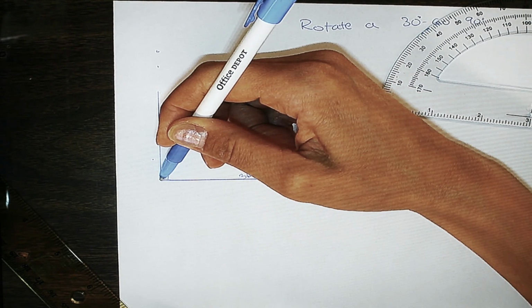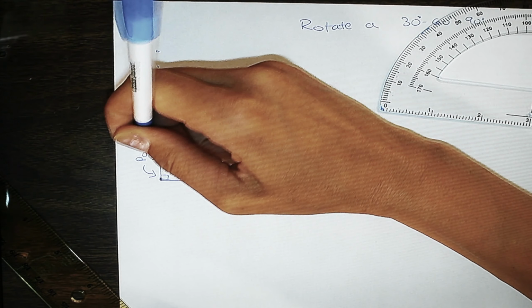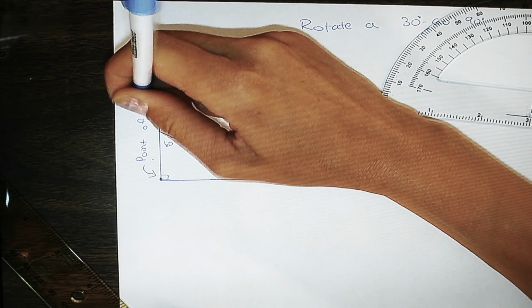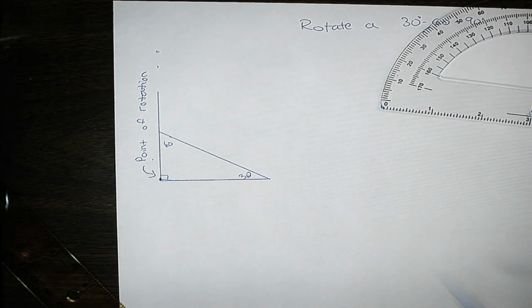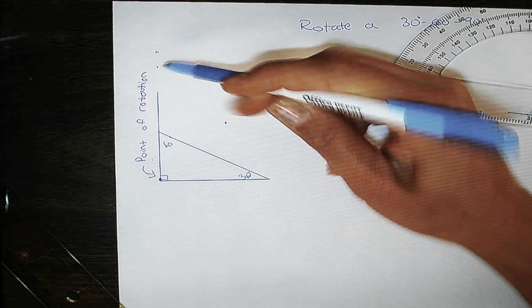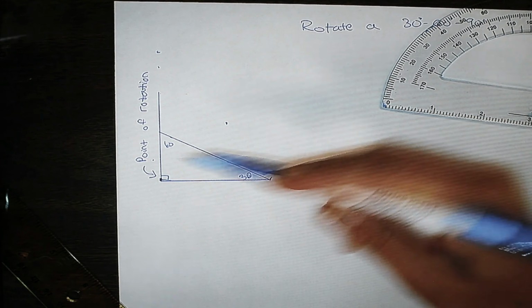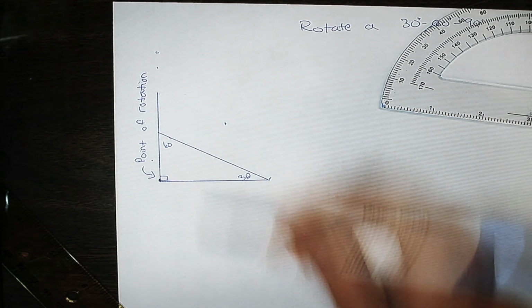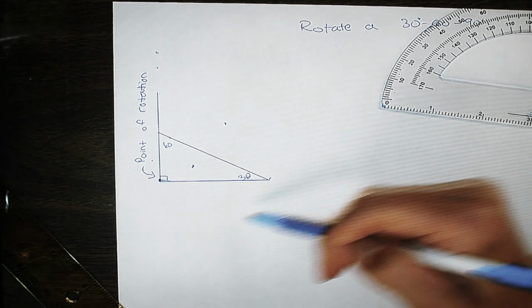This is going to be our point of rotation. A point of rotation can be actually anywhere. You could rotate it on this point of rotation and it would simply spin around that point. You could put a point of rotation here and it would spin around that point. You could put a point of rotation in the center and it would spin around that point.